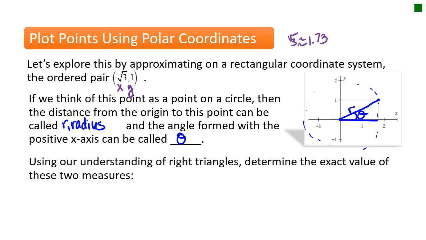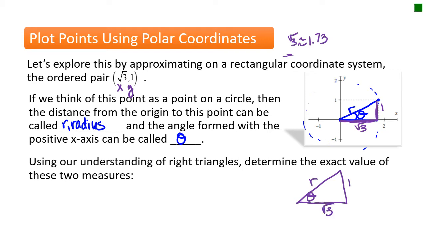We can use our understanding of right triangles to determine the exact value of these two quantities. Let's think about what we know. This length here is the length of the x value, which was the square root of 3. This length here is the vertical distance, which is the y value, which was 1. So now I'm looking at a right triangle where I've got theta here, r here, 1, and square root of 3.